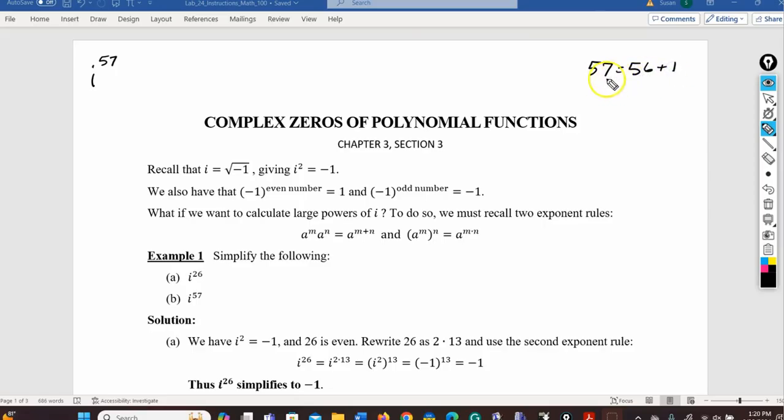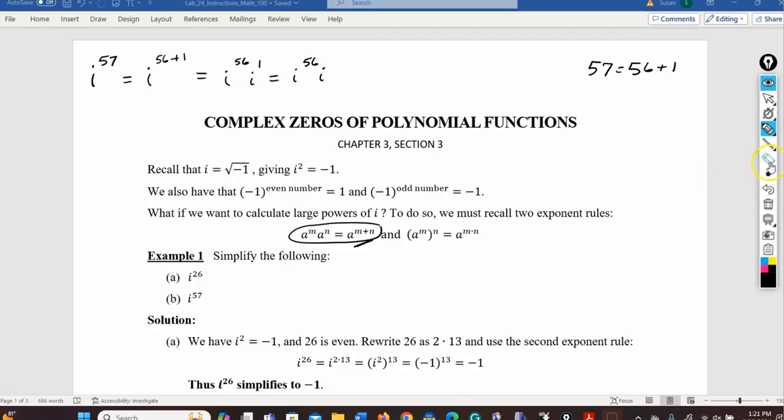Okay, so we all agree that 57 is 56 plus 1. Now I'm going to use this rule, reading it from right to left. And using that rule, that's the same as i to the 56th times i to the first power. Now i to the first power is just i.